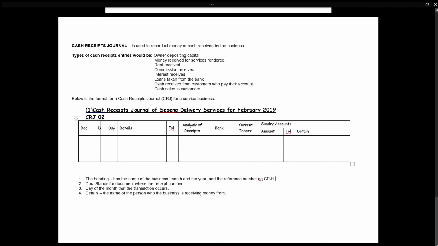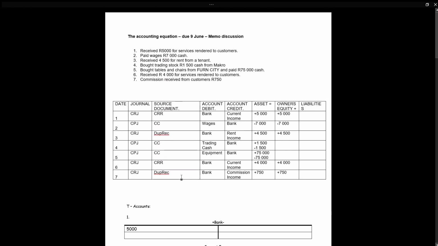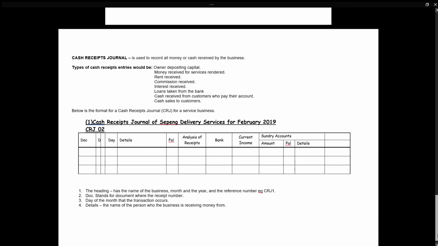Well, February in this case, it is 2 right there. Right, document stands for document where the receipt number, normally there's a number. The source documents that I showed you above in my accounting equation, normally there's a number next to this, and then you will fill that into that document column.